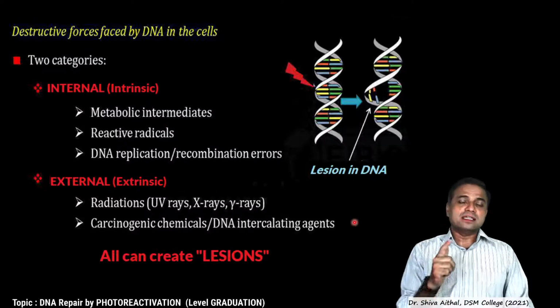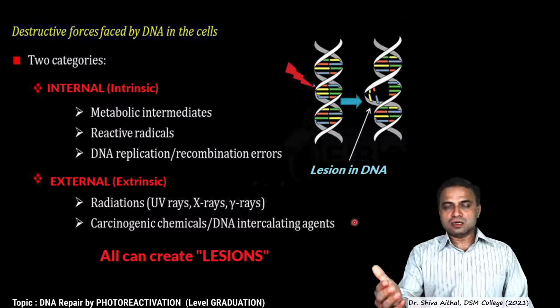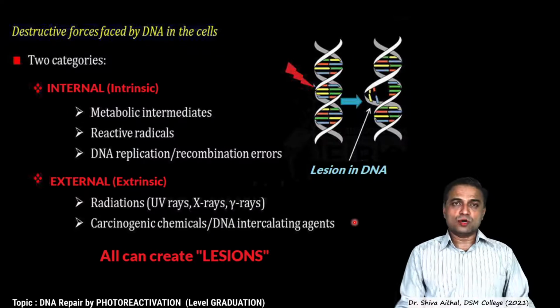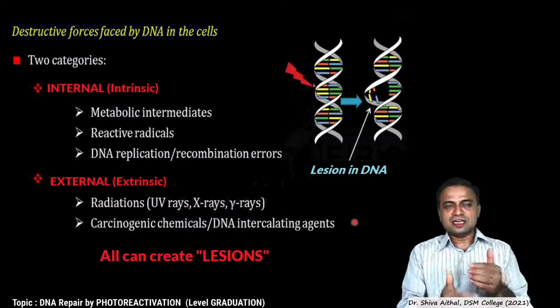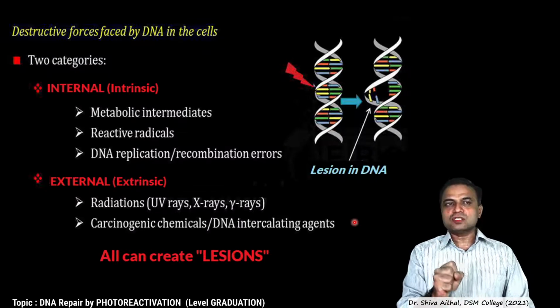I have told you that there are inborn errors in the metabolism which result in base analogous compounds, or compounds which can cause other bases to change, like the dyes, which get incorporated. Then there are intrinsic reactive radicals, free oxygen radicals, which are damaging. Then DNA replication and recombinational errors take place within the cell.